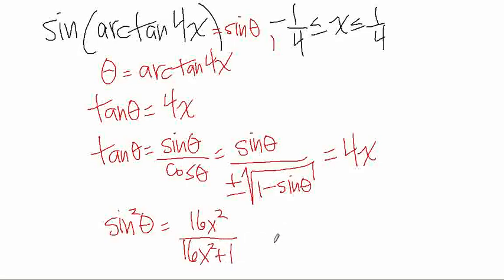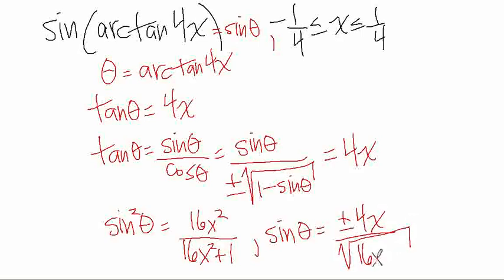So you evaluate that using the square roots, taking the square root of the top and bottom, and you get that the sine of theta is equal to plus or minus 4x over the square root of 16x squared plus 1.